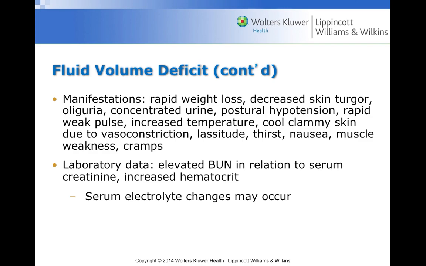The presence and cause of hypovolemia may be determined through the health history and physical exam. Serum electrolyte changes may also exist. Potassium and sodium levels can be reduced, such as hypokalemia, hyponatremia, or elevated, such as hyperkalemia or hypernatremia.